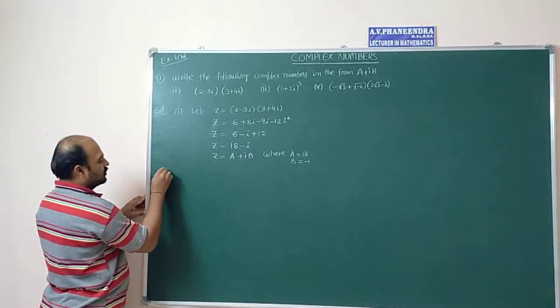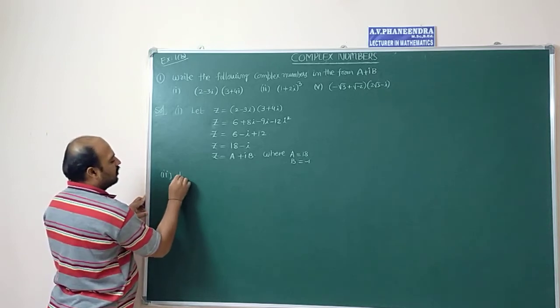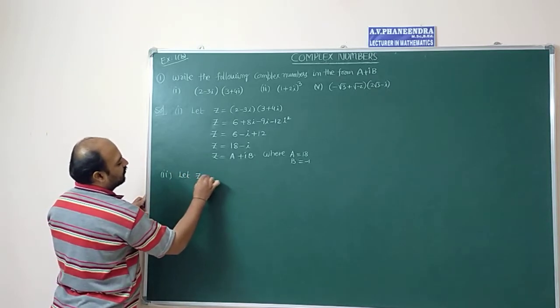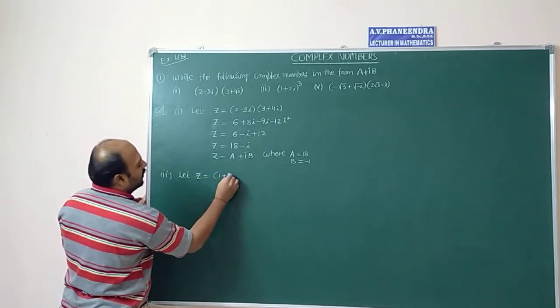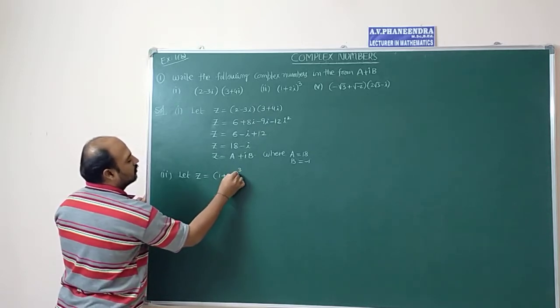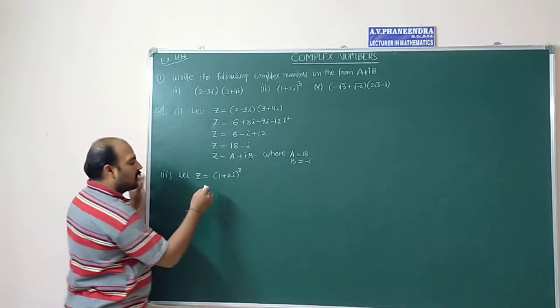Come to the second question in this. Let z is equal to 1 plus 2i whole cube. A plus b whole cube formula we are writing here.